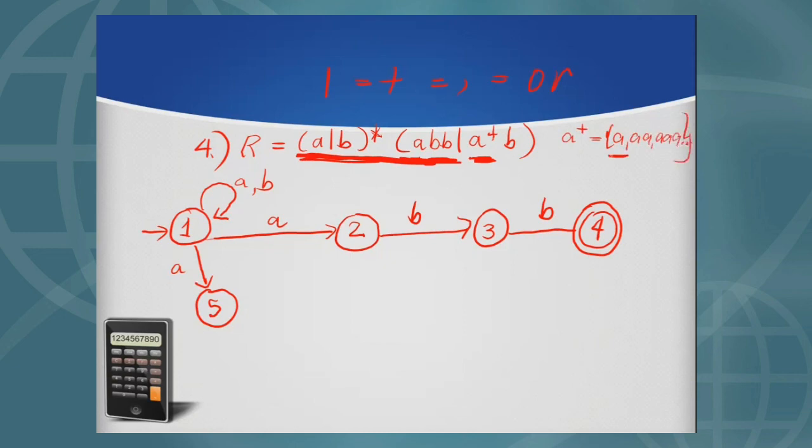So, the first A here is the A that I input, from starting state 1 to state 5.